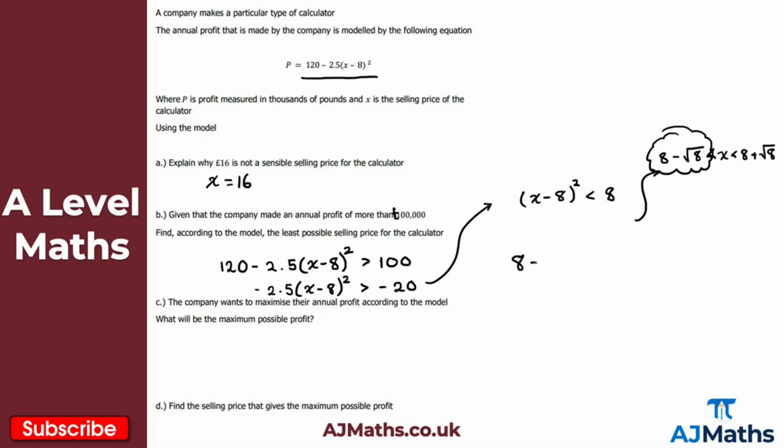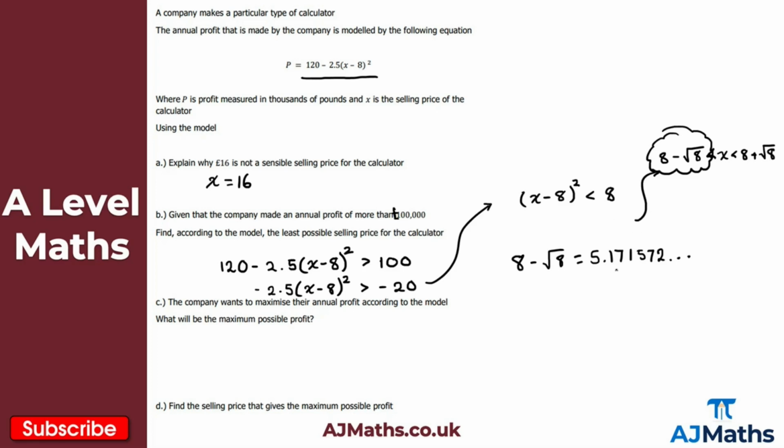So if you do a minus root 8, what would that give us? Let me just put it in myself. So a minus root 8 would give us 5.171572, and so on. But the issue here is we're looking at money now, so obviously it's sensible to round to 2 decimal places.